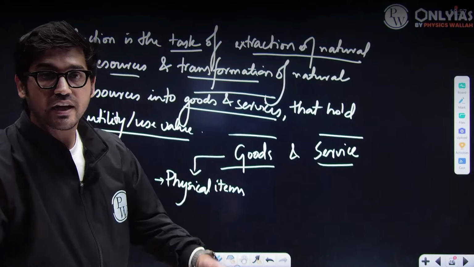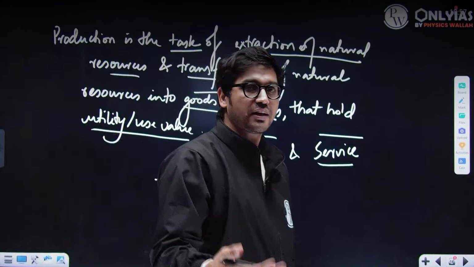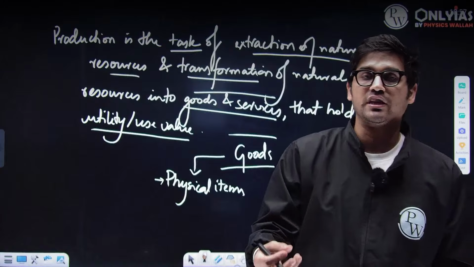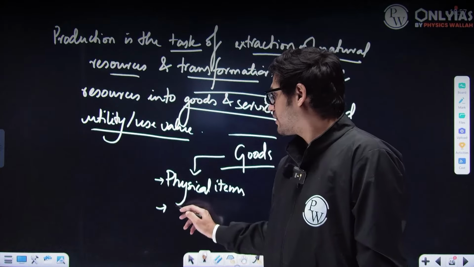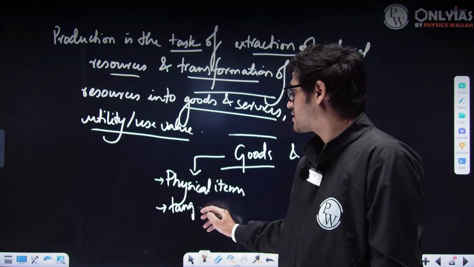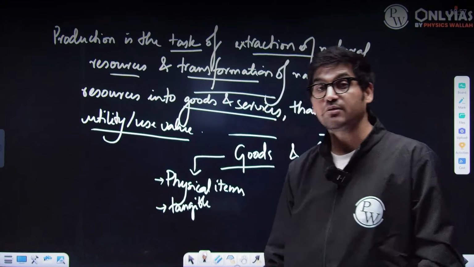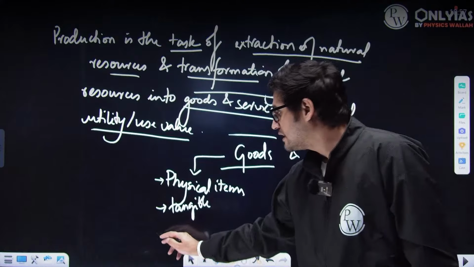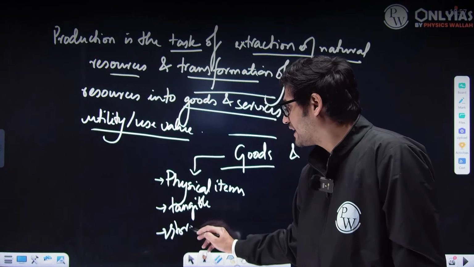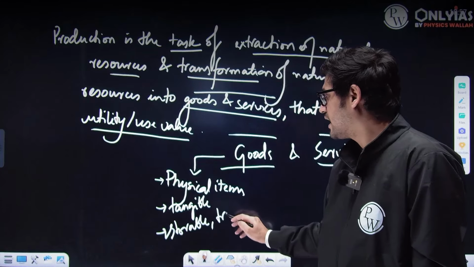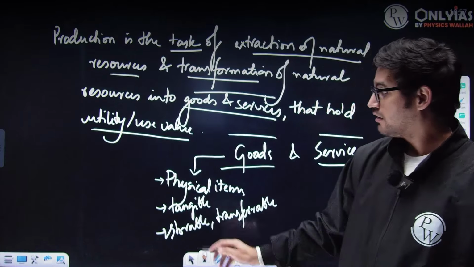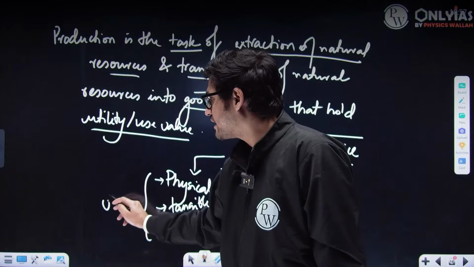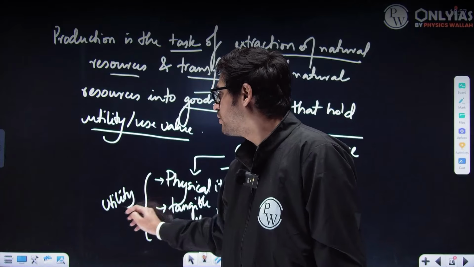Because these are physical items, you can see them, you can touch them, you can feel them, you can store them, you can transfer them also. These are tangible items, storable items, transferable items which hold utility or use value for others.